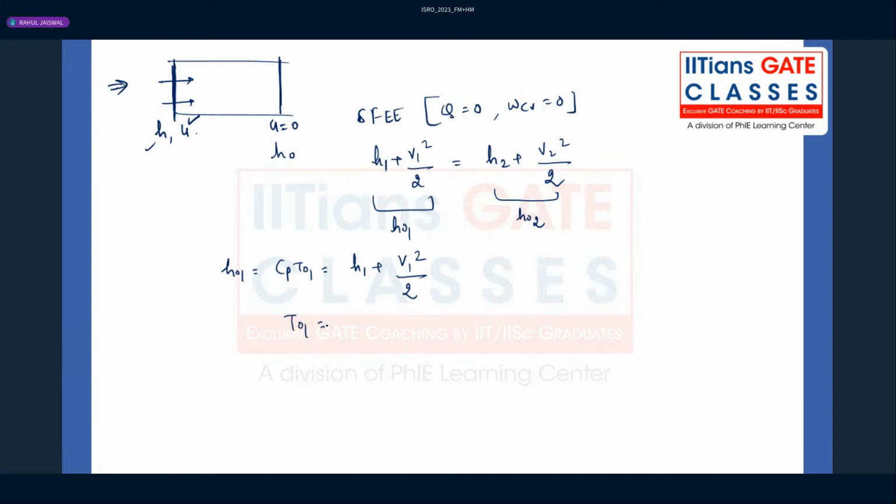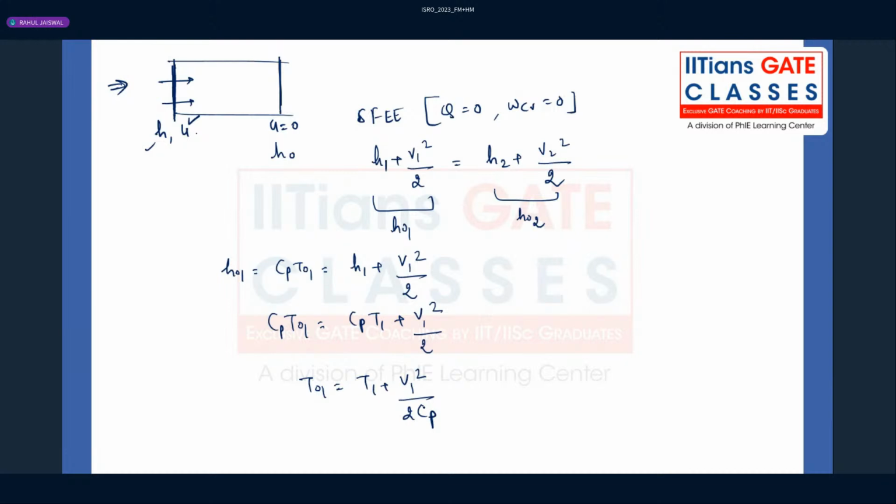So T01 equals T1 plus V1 square divided by 2Cp.